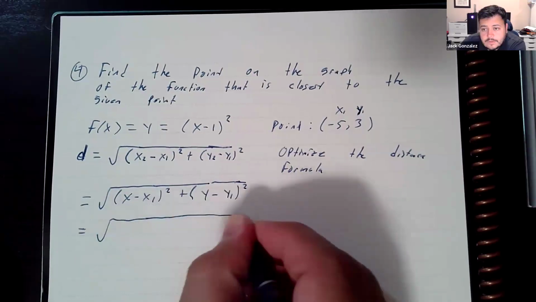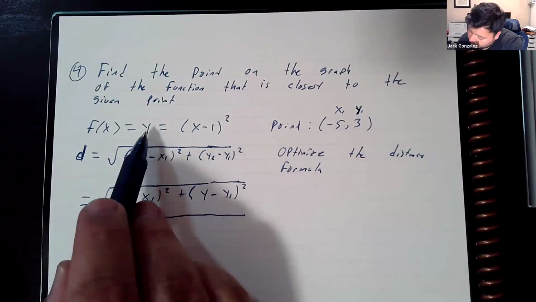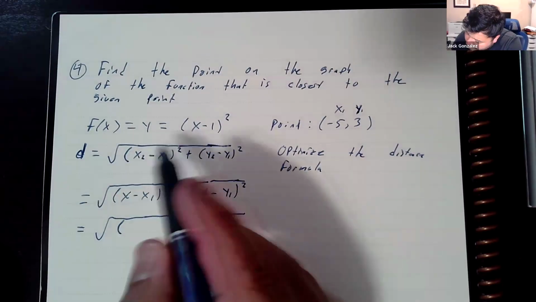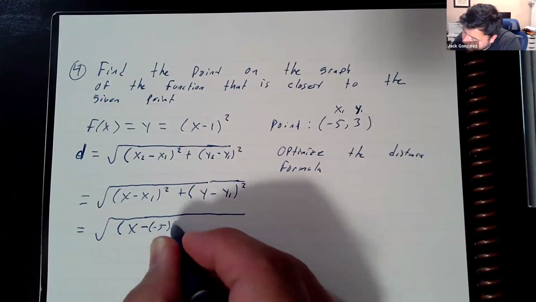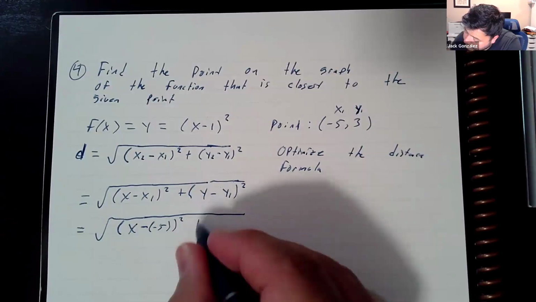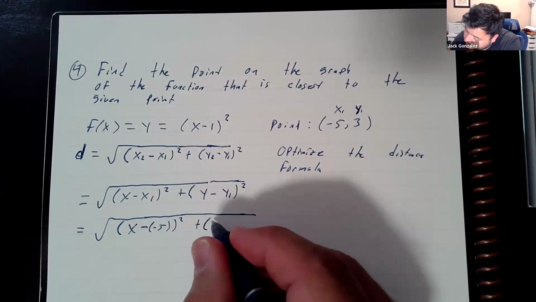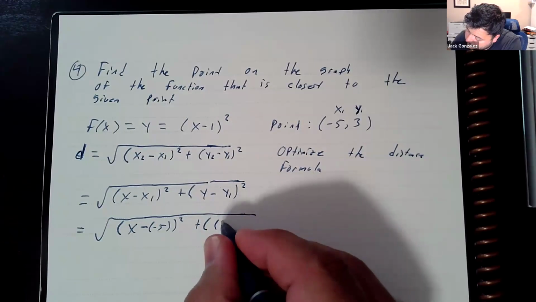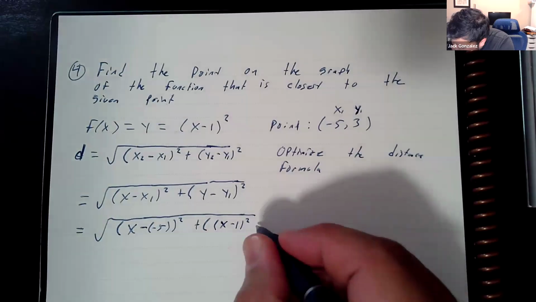So we have x1 and y1, and this is our y right here. Okay, that's why I wrote it this way, to remind you. So x minus x1 squared plus (x minus 1) squared minus 3.